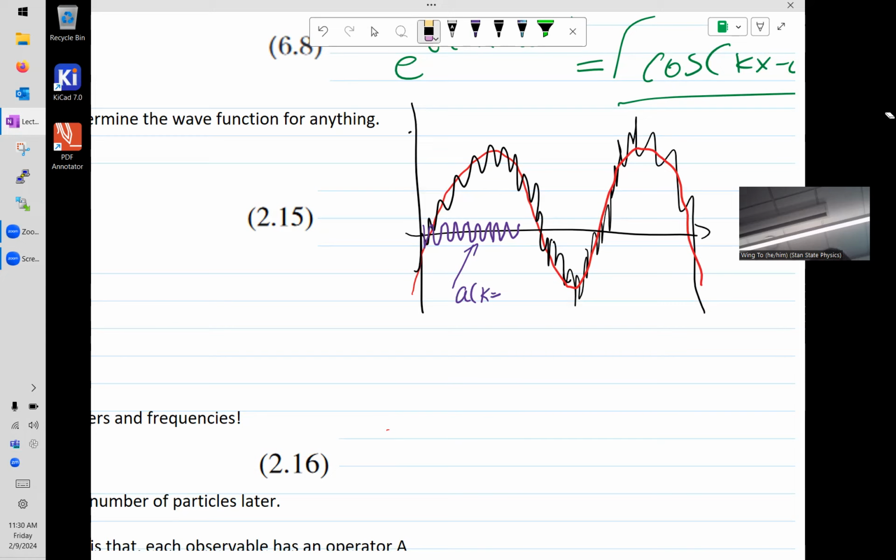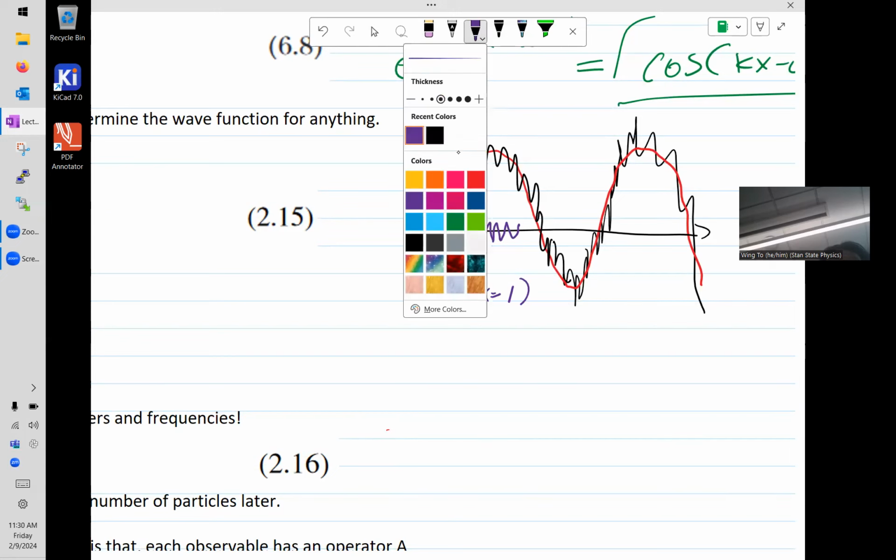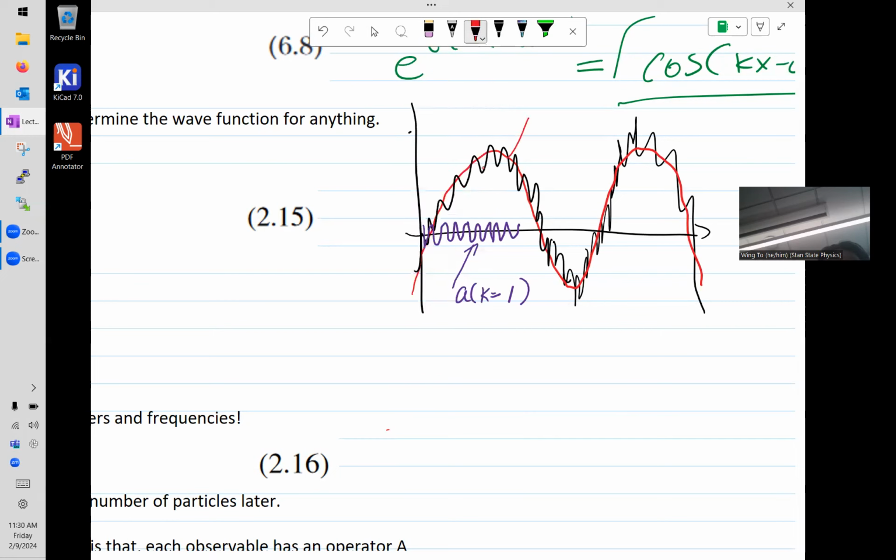Actually, it's probably going to be a smaller one, let's say 1. The red up here has a different amplitude, for k maybe equal to a small wave number, because that's momentum. So each of these has a different amplitude.